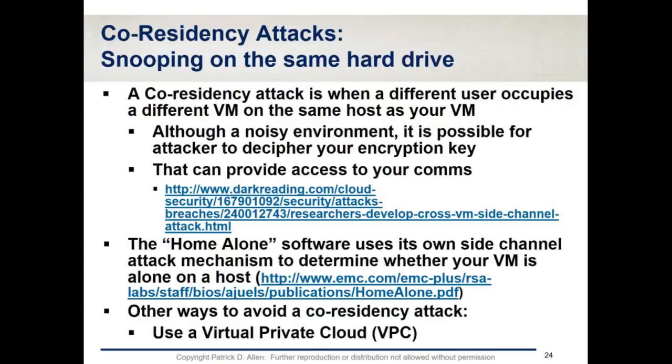And it's a noisy environment, but it is actually possible for somebody to monitor you next to them on the same machine, if it's not a virtual private cloud, and to figure out things like your encryption key. And then they have the keys, no kidding, to the kingdom, right? And so you can go to the link here. They provide access to your comms, but basically it's called a side channel attack.